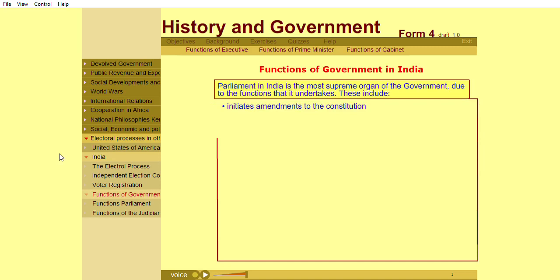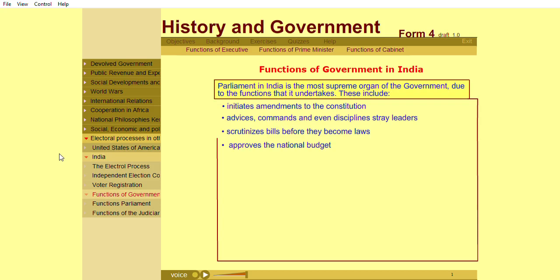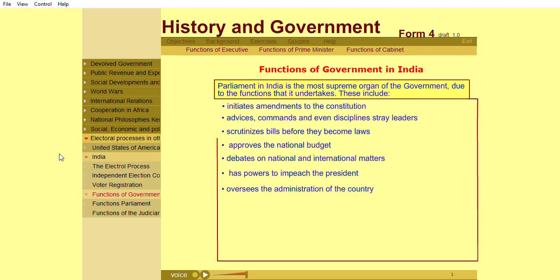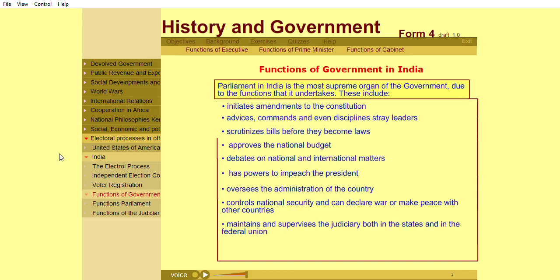These include initiates amendments to the Constitution, advises, commands, and even disciplines stray leaders, scrutinizes bills before they become laws, approves the national budget, debates on national and international matters, has powers to impeach the president, oversees the administration of the country, controls national security and can declare war or make peace with other countries, maintains and supervises the judiciary both in the states and in the federal union, and maintains national highways and waterways after they are identified by the state.